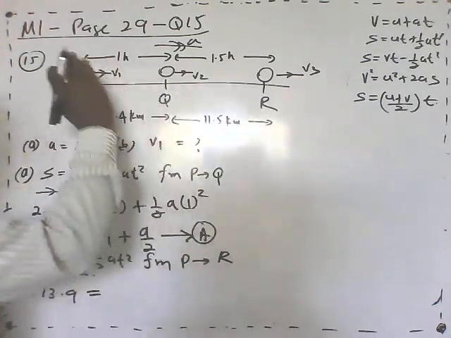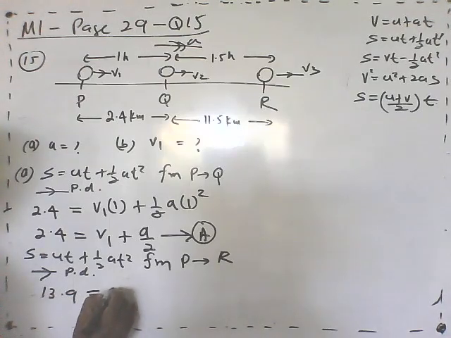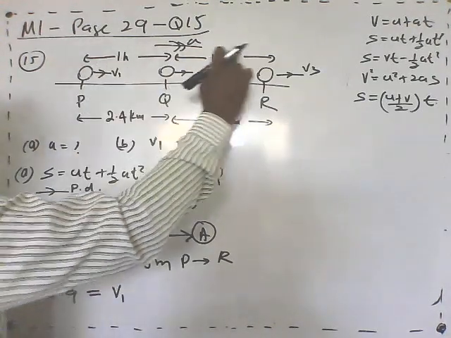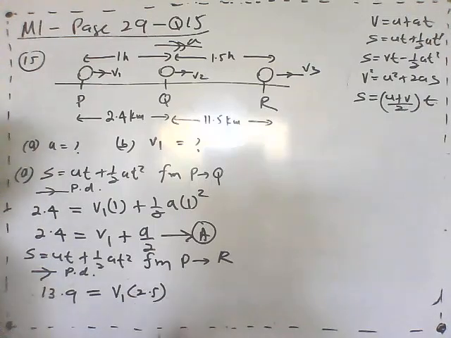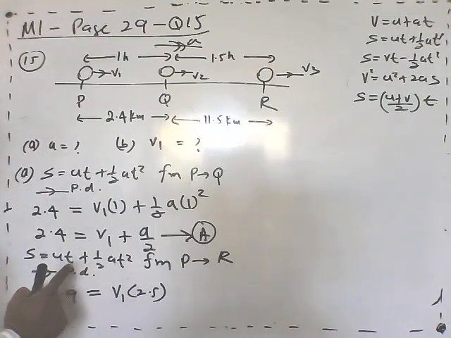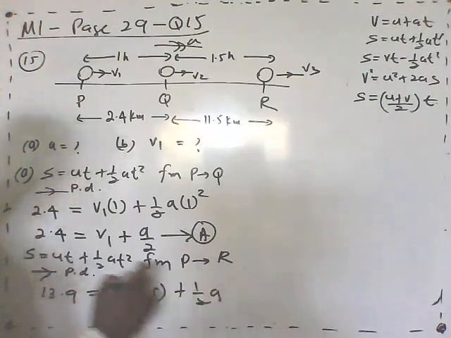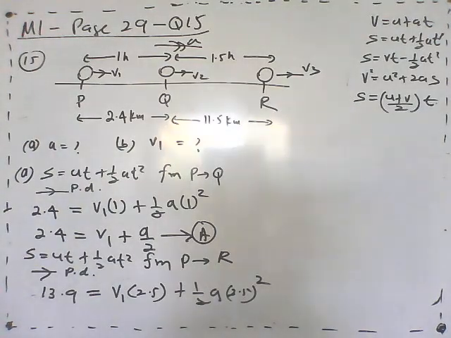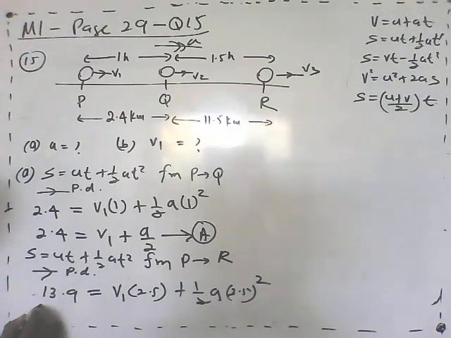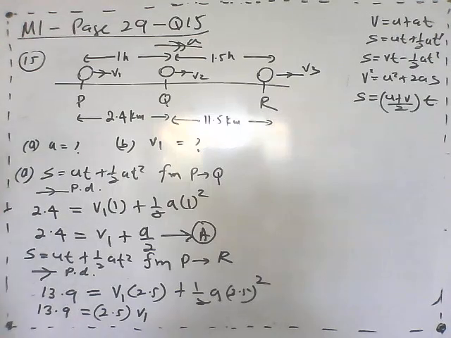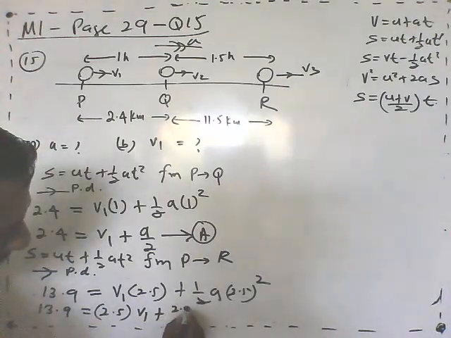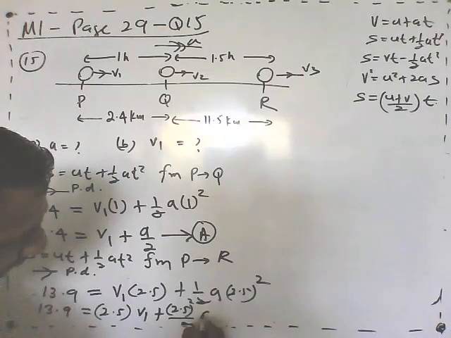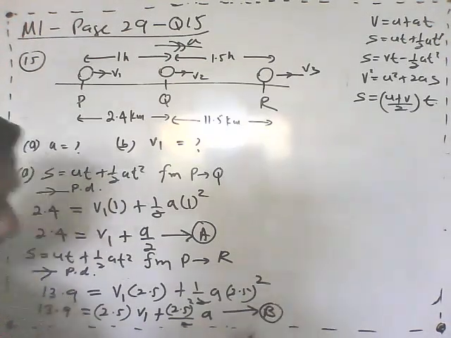Although this is a different section, still the initial velocity is V1, and it takes a time of 2.5. ut plus half A, which is unknown, into 2.5 whole thing square. Then 13.9 is equal to 2.5 V1 plus 2.5 whole thing square over 2 A. We will make this as capital B.